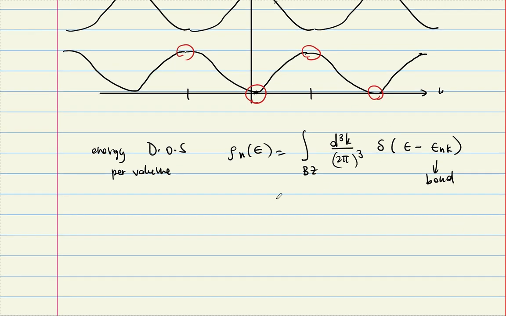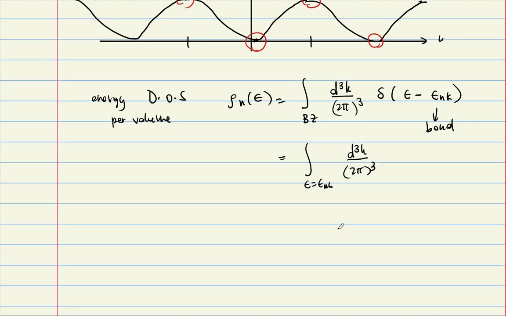So what we can do is do this integral not over the Brillouin zone but over the equal energy surface, E equal to E n of k, and d cube k over 2 pi cube. Now we can try to change the integral variable. So here's the volume in k space, something like that. And this is, if you want, my k. So this I'll call dS k, the area element, and this length here is dk, the width of this shell.